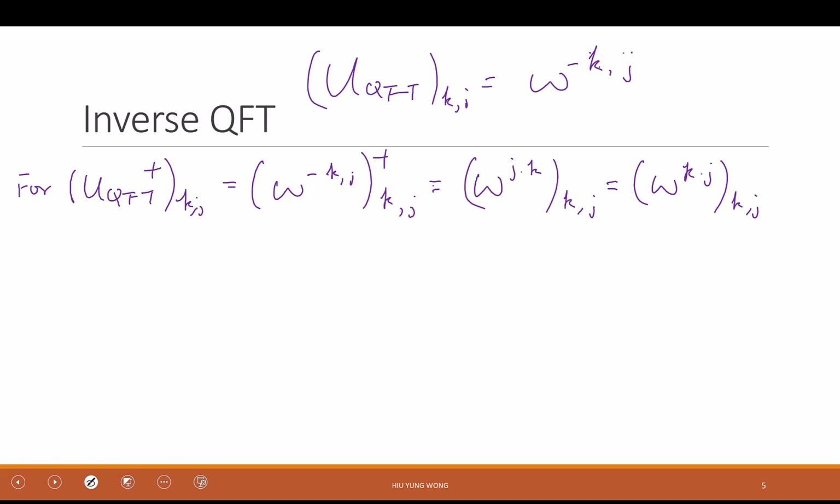So the kth row, jth column of the quantum Fourier transform adjoint matrix is equal to omega to the Kj. That's the whole thing that we have done here.